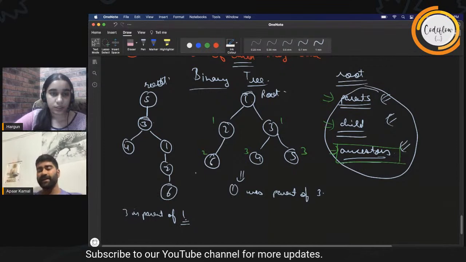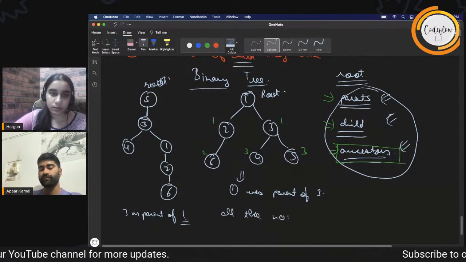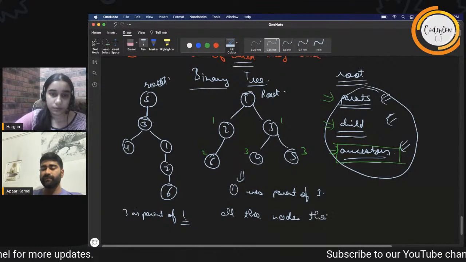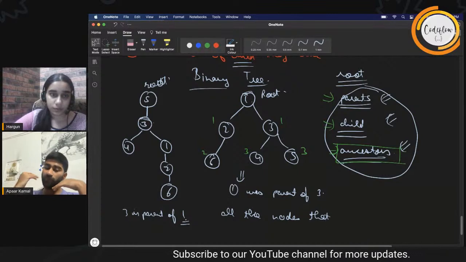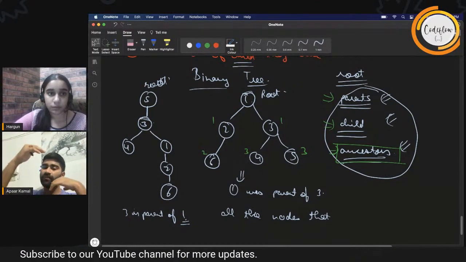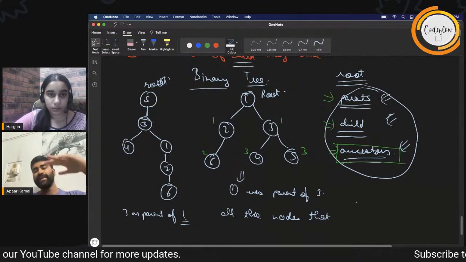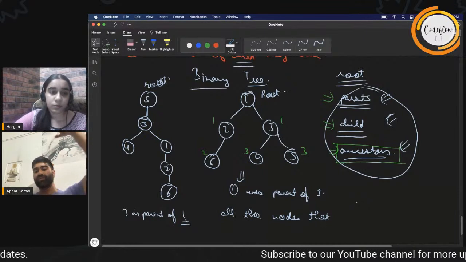And what are ancestors, guys? If I start from any node, say I want to know the ancestors of 4. So 3 is an ancestor of 4. Then 1 is an ancestor of 4. That means its parent, its parent's parent, and so on, until I reach the root node.